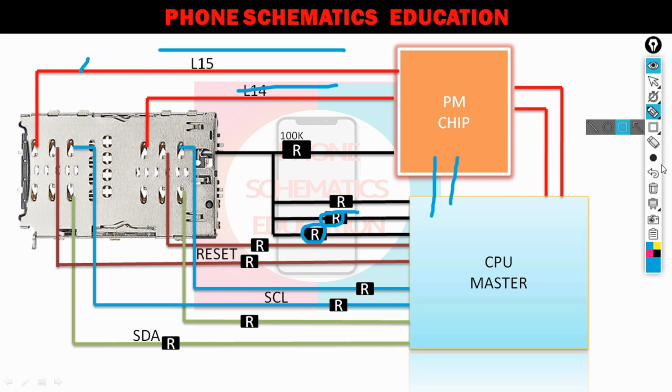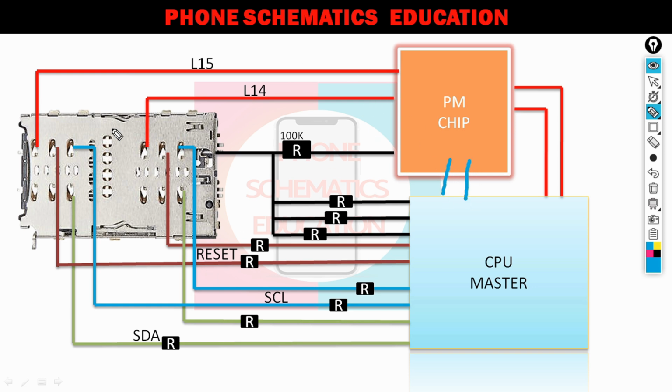Right? If there is no SIM, suppose the user only inserts the SIM tray, the CPU just enables the supplies, data supplies, and also gives a command to the power IC. After the CPU checks in a microsecond, now at this point you get 1.8 voltage from here, also these supplies are enabled. If there is a SIM, then it's okay. Otherwise the CPU senses through these data pins that there is no SIM.